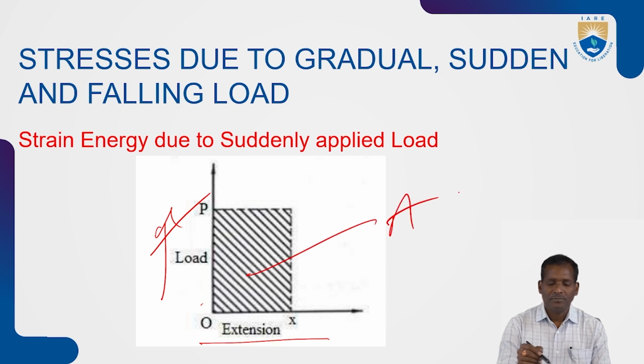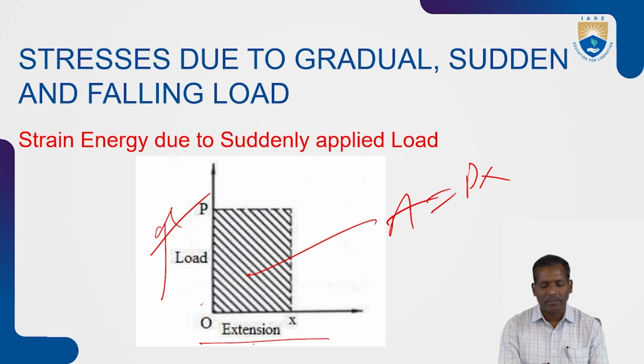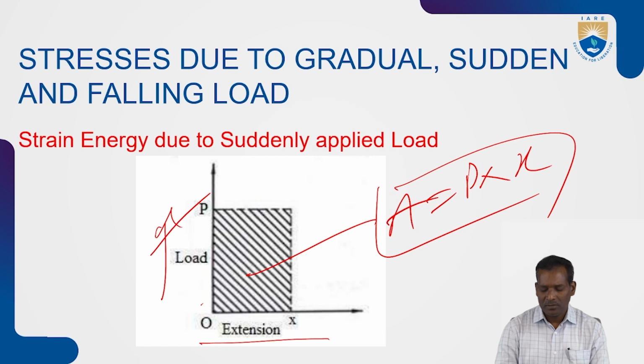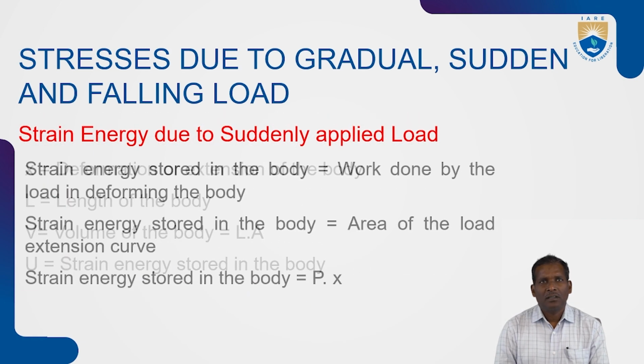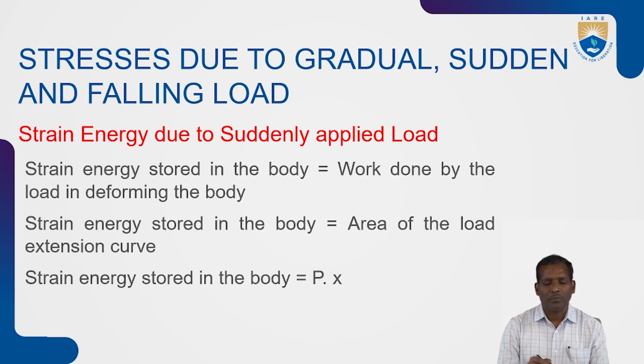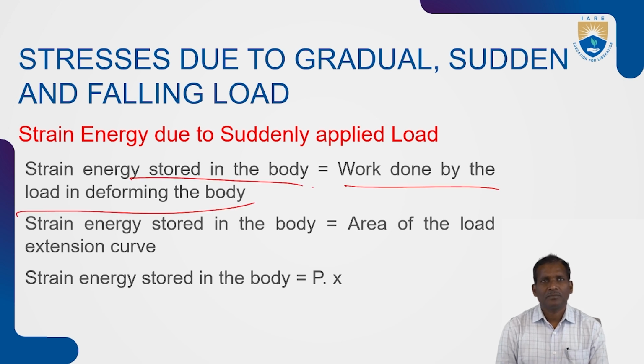So what is the area? You can calculate the area: the height is P and the length is the increased deformation, that is X. It gives the area. So the strain energy stored in the body is equal to the work done by the load in deforming the body, which is equal to the area of the load extension curve.